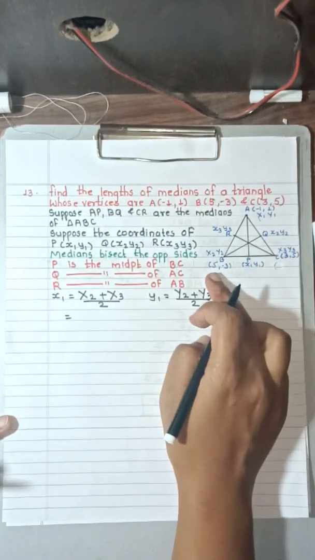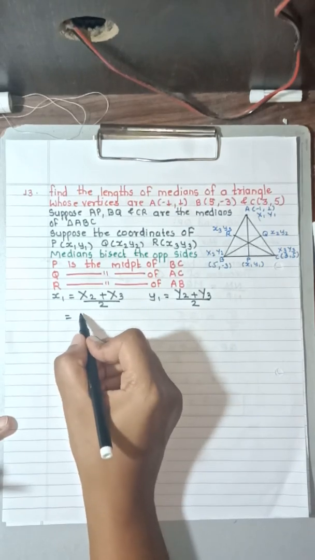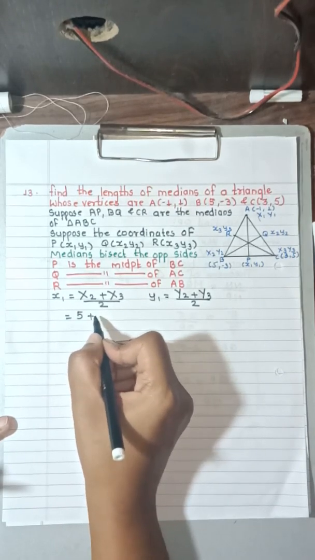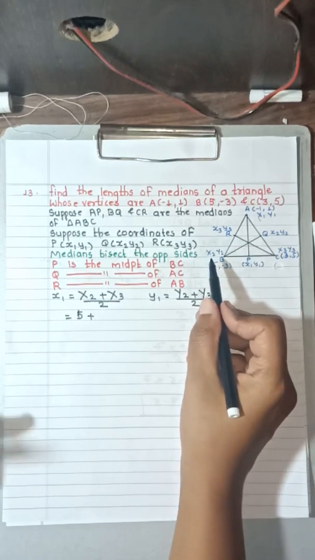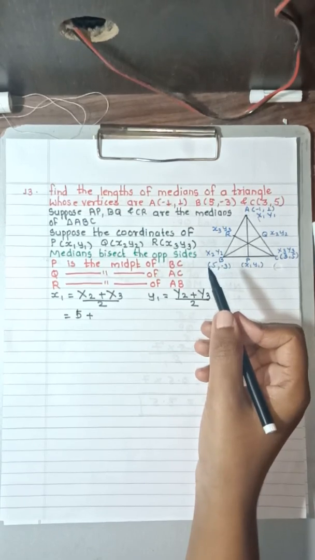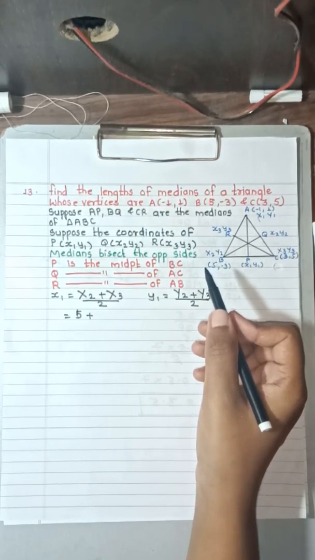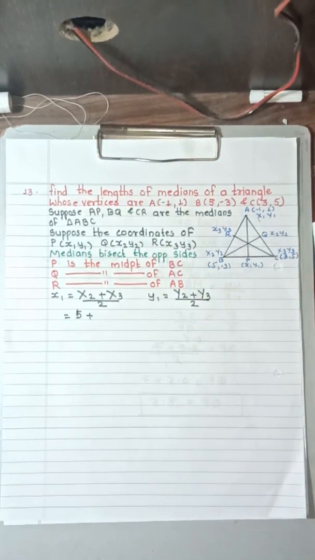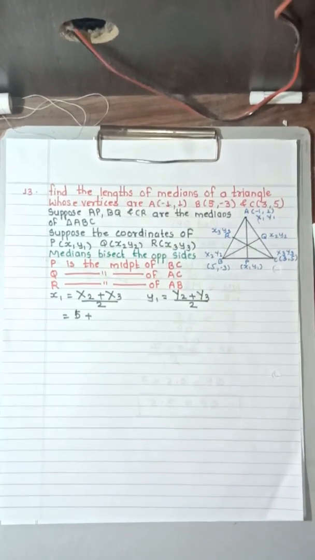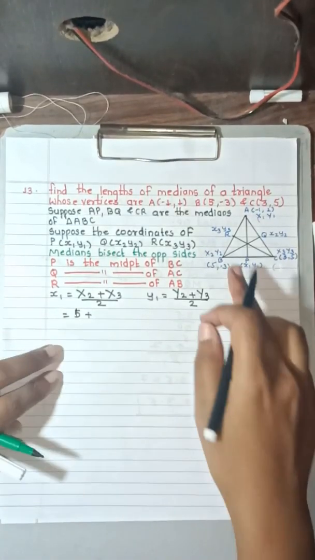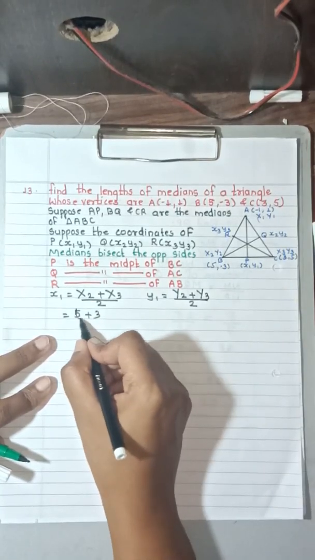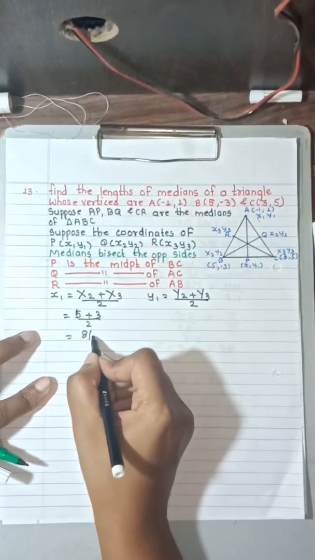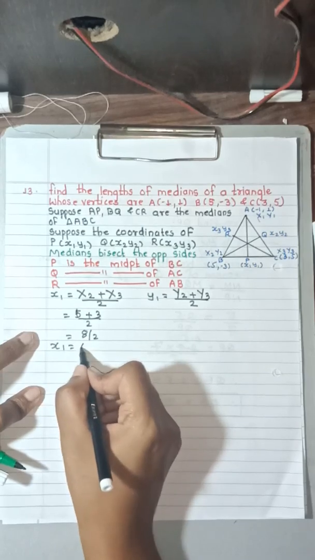Now coordinates of X2 are, let me just check the figure, children, 1 minute. Okay, so X2 is 5 plus X3, X3 is 3, upon 2, that will be 8 upon 2, therefore value of x1 will be 4.